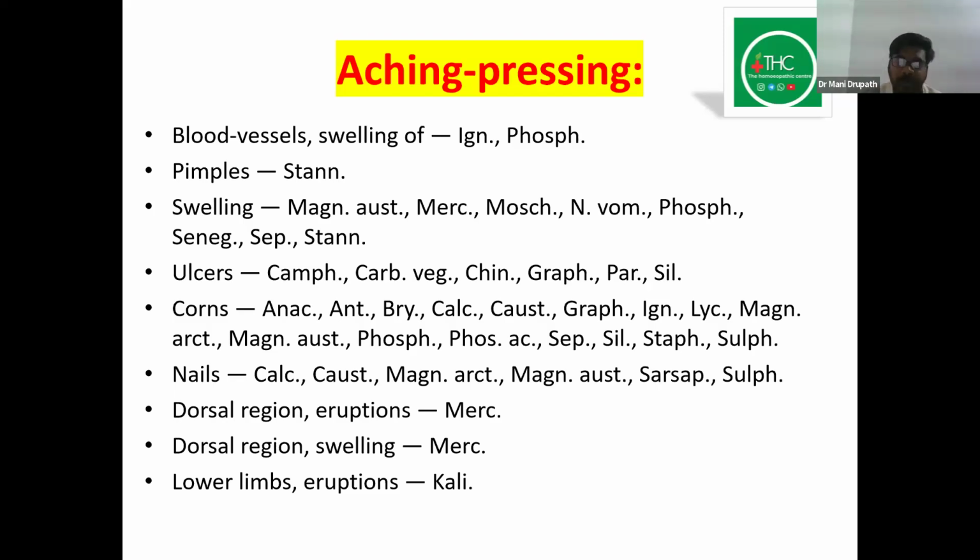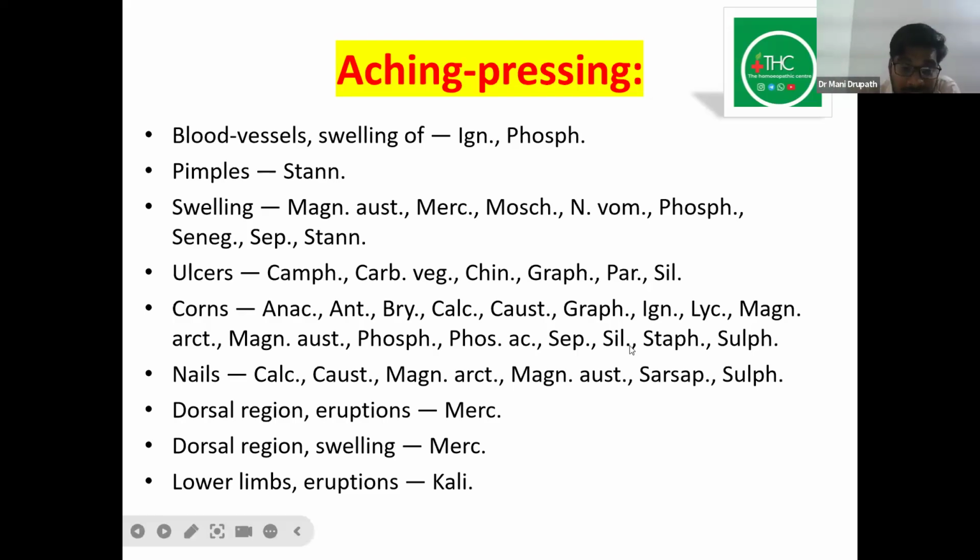But in Camphora and Carbo veg, the ulcers will be cold to touch, and the body is very cold. China, Graphites, and Silicea. Others you can think of: Anacardium, Antimonium crudum, Bryonia, Calcarea, Causticum, Graphites, Ignatia, Lycopodium, Magnesium aceticum, Magnesia muriatica, Phosphorus, Phosphoric acid, Sepia, Silicea, Staphysagria, and Sulphur. But here, please remember that you need at least a few indications of each remedy to prescribe.